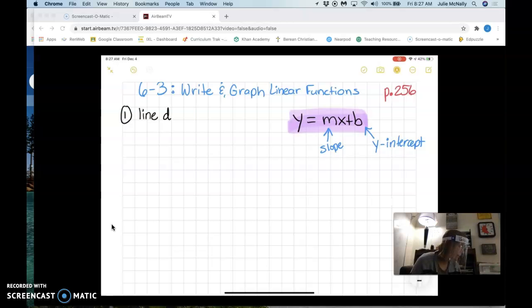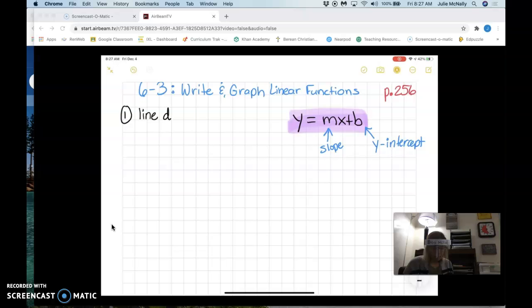So let's look at line D in the book. And the first thing that it tells us to do is choose 2 points on the line so that you can find out what the slope is. Remember, slope is rise over run. So we need to find out how far up and over it goes to the next point.